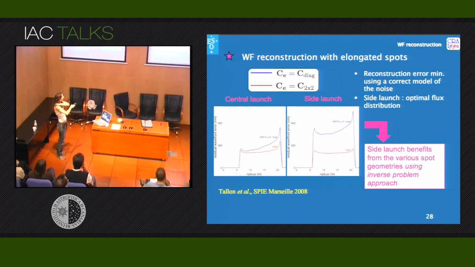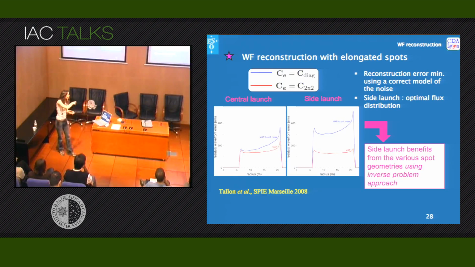If you use only a diagonal noise covariance matrix, you really have big reconstruction error when you are far away, when you have large elongated spots. But if you introduce the non-uniformity and correlation, you slightly improve the wavefront reconstruction.